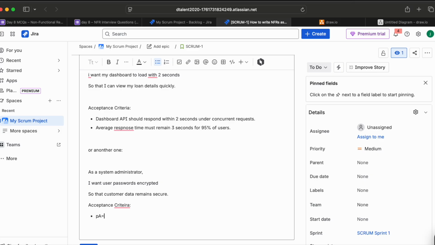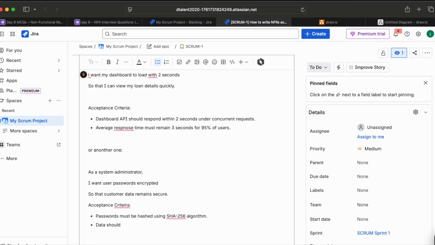Password must be hashed using some SHA-256 algorithm. So you can talk to your tech lead so they can help you. Okay, don't worry if you don't know this one. You can simply write password should be masked or hashed or whatever you like.